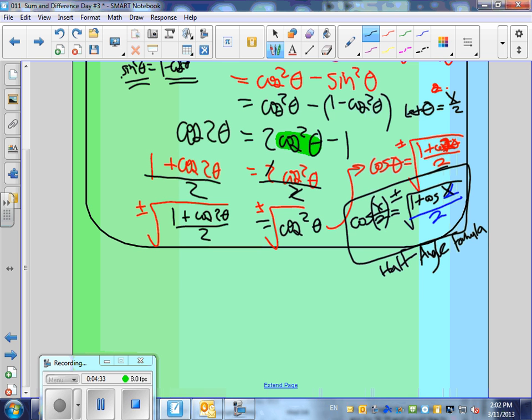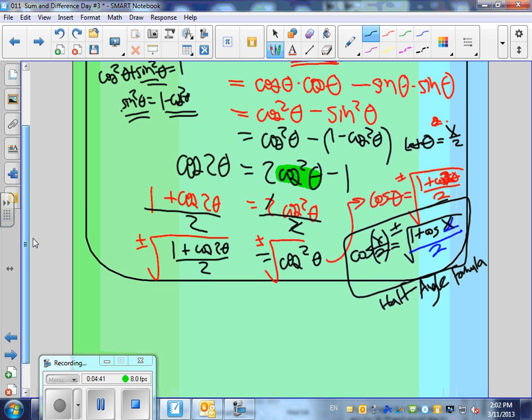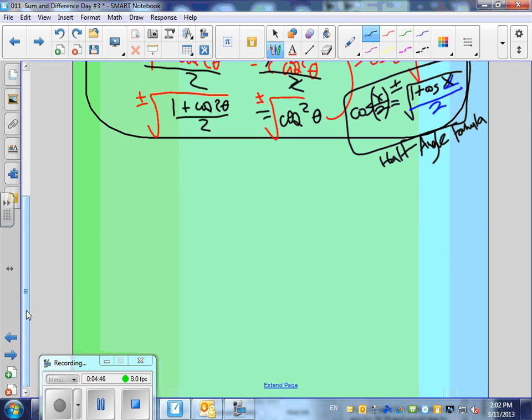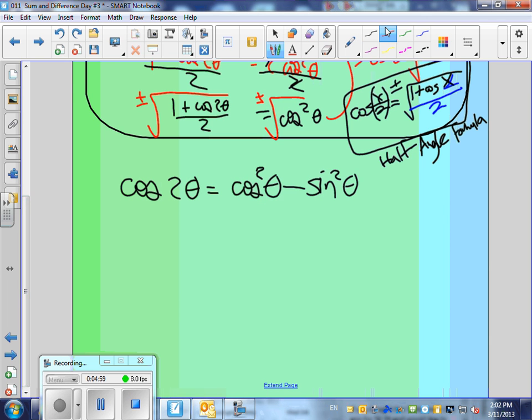We're going to find the sine of x over 2 next. But we're going to be a little tricky here. I'm going to go right off of this. Cosine 2 theta was cosine squared theta minus sine squared theta, and I replaced cosine squared with 1 minus sine squared.